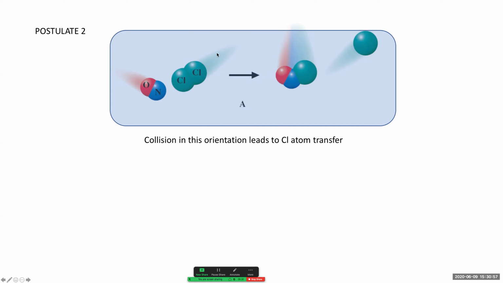But the cursor, I'm pointing at the chlorine molecule if you can't see it anyway. So you can see the chlorine molecule is oriented directly at the nitrogen of the nitrogen monoxide. So when they collide with enough energy, a new bond will form between the chlorine and the nitrogen, and the bond will break between the chlorine atoms to form the products. So this is a correct orientation that leads to product.